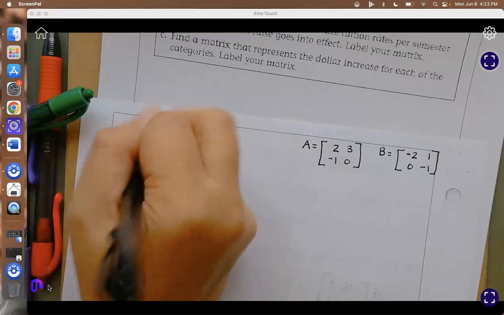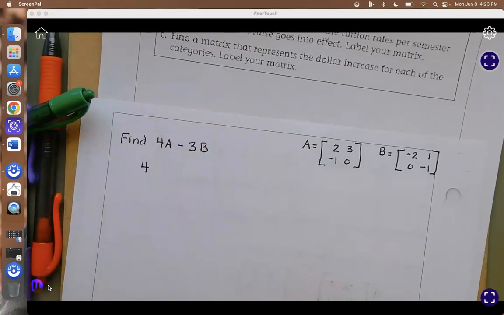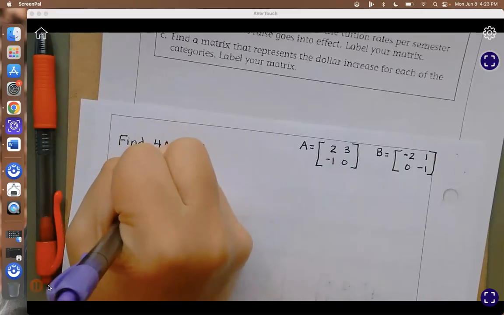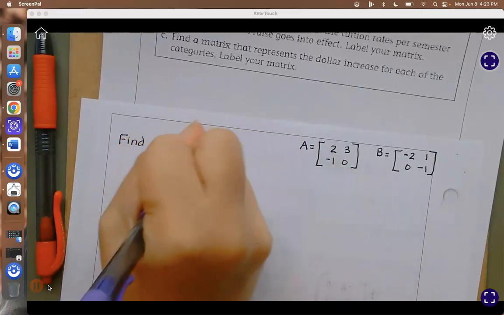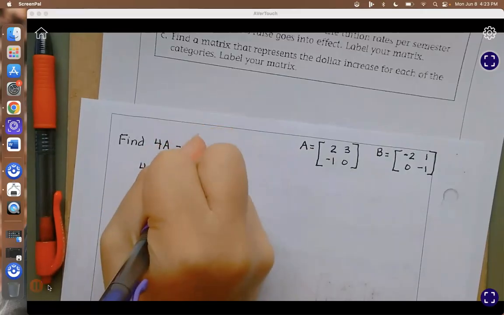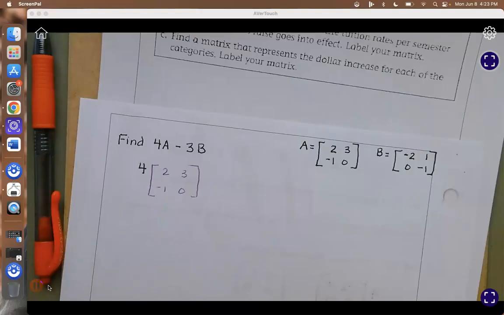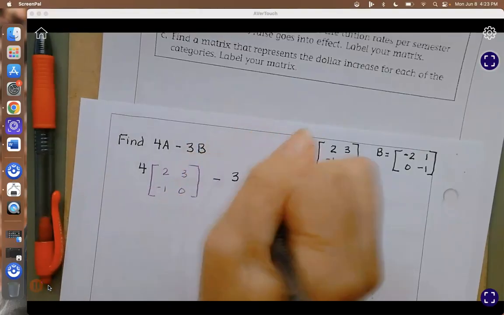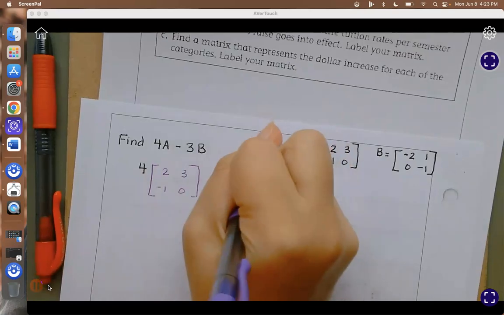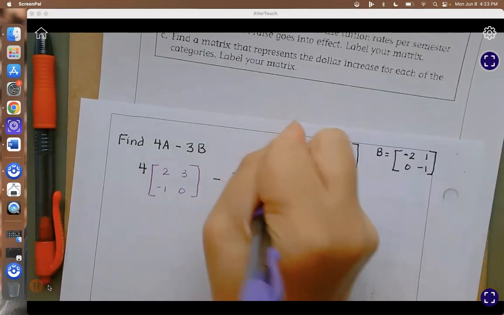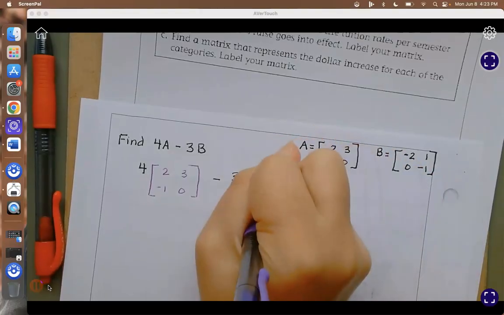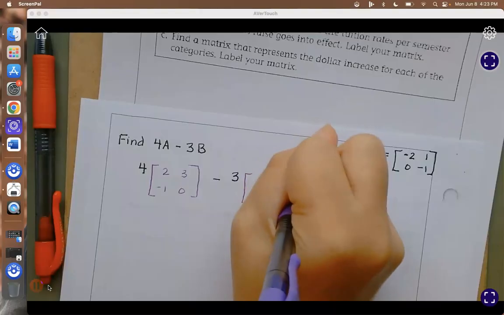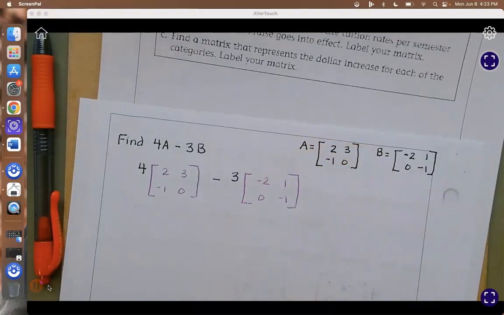Well, it translates into 4 times the A minus 3, then we stick in the B. Okay, so order of operations tells me that I do multiplication before I do addition and subtraction, and I do multiplication from left to right.